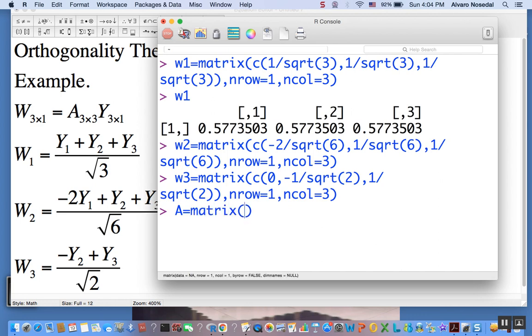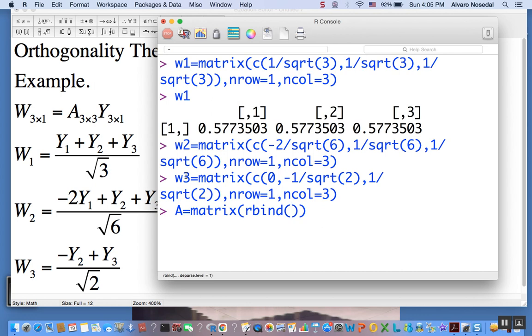Okay? Okay. Now let's combine these rows to create a matrix A that is the one we want. Since I'm thinking about these guys as rows, let me paste them as rows. Row bind, because you guys know that R by default thinks of vectors as columns, and in this case I want these guys to be pasted by row.